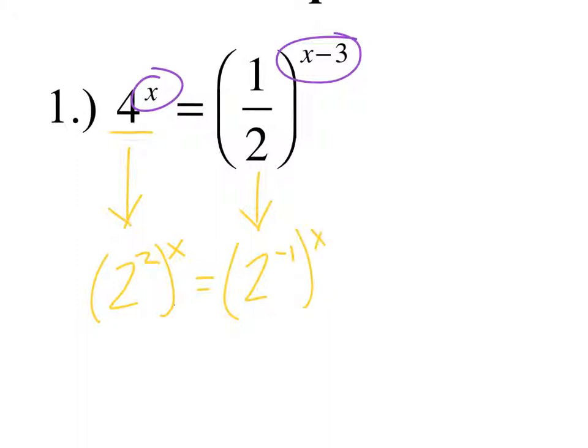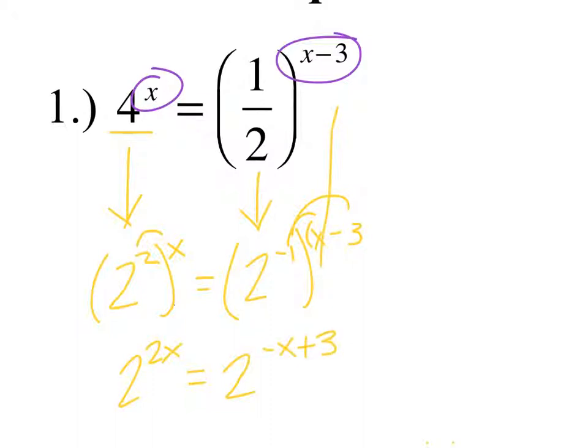And x minus 3 is still out front there. So we have the same bases, but we don't have a single simple exponent. So we're going to take this power to a power, which means we multiply. 2 times x is 2x, and negative 1 times x minus 3 is equal to negative x plus 3.